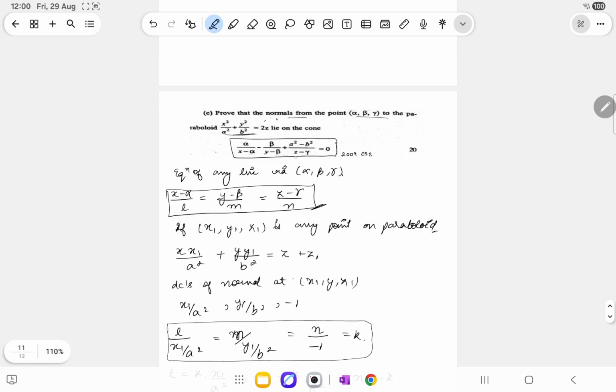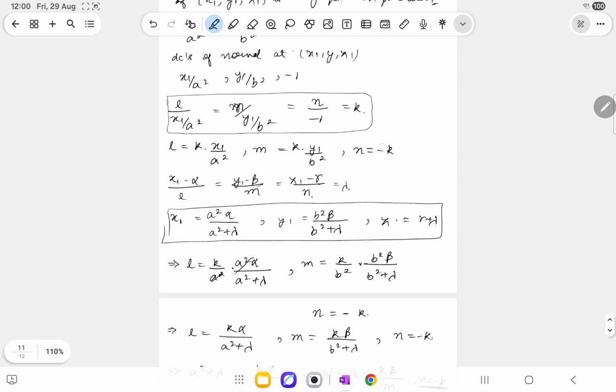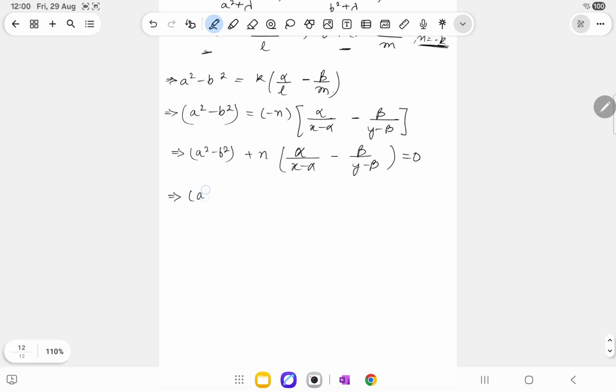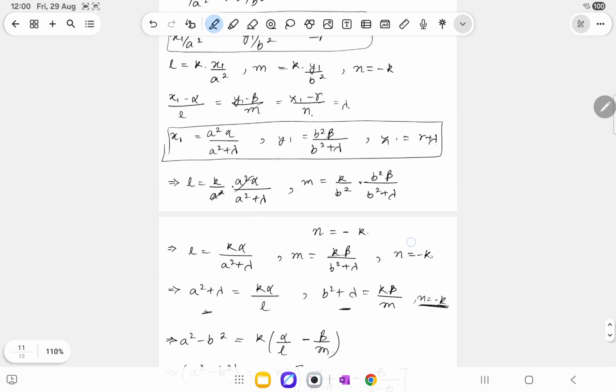I can substitute N with z minus gamma and take it to the other side. Dividing by z minus gamma, I will get (a square minus b square) upon (z minus gamma) plus alpha upon (x minus alpha) minus beta upon (y minus beta) is equal to 0.